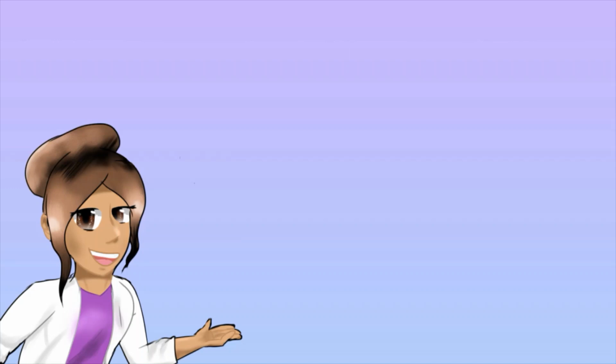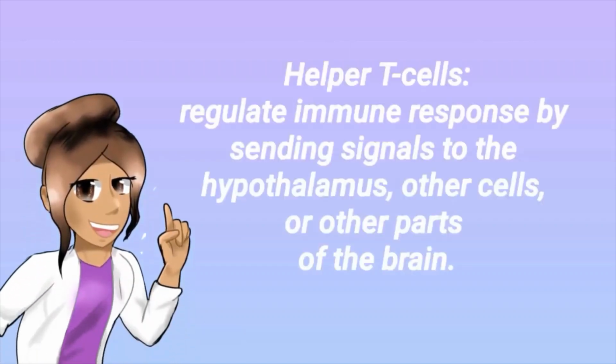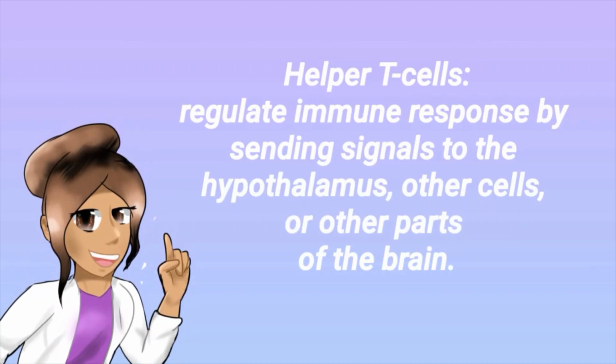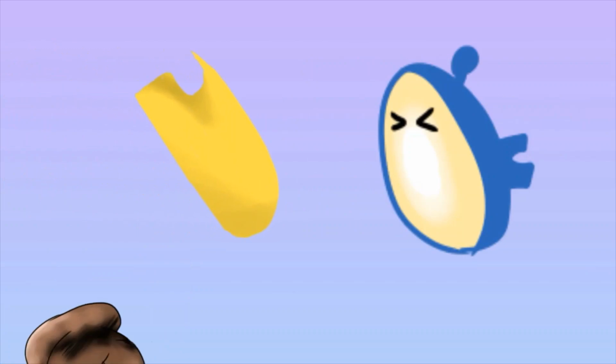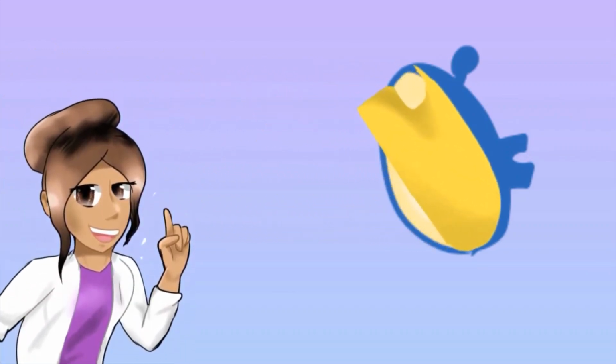On the other side, T cells are broken into two subgroups, helper T cells and killer T cells. Helper T cells regulate immune response during infections by communicating to the other cells, while killer T cells directly attack infected cells. However, they are only detected when the antigen is on the outside of a cell.